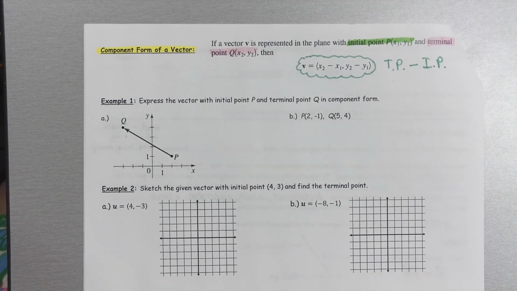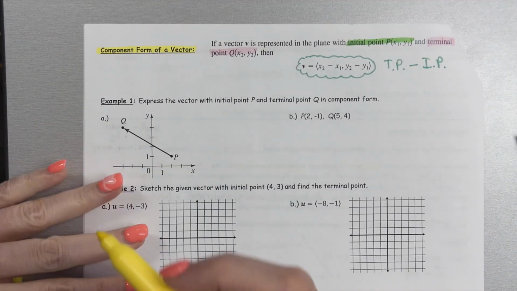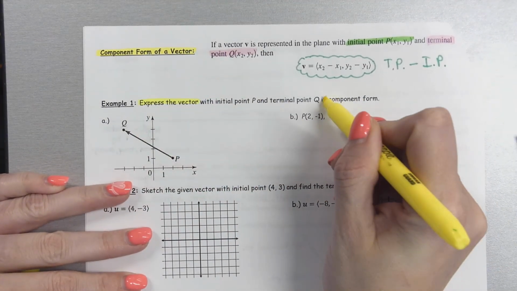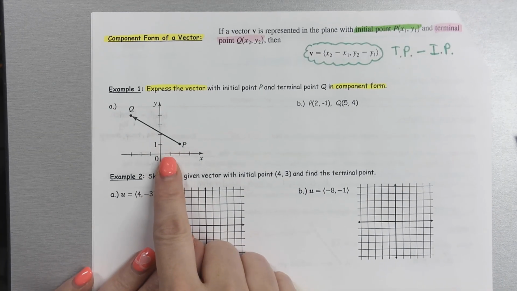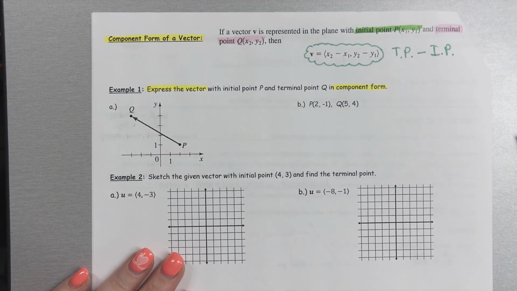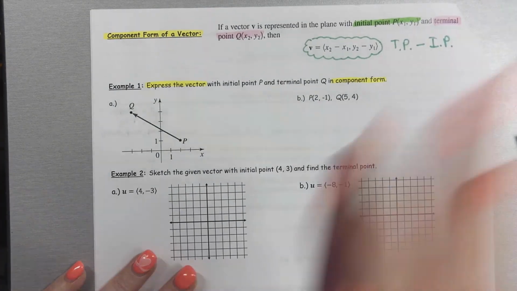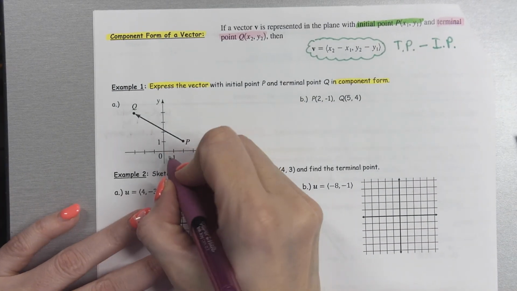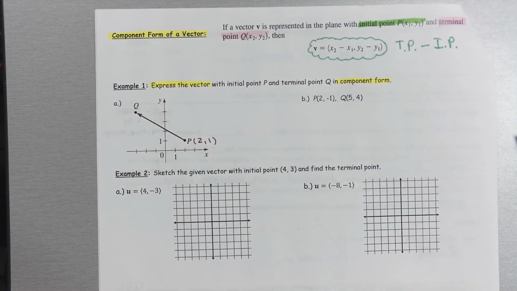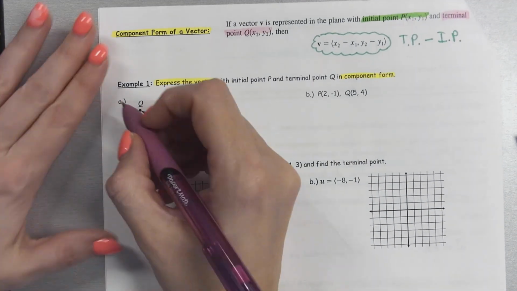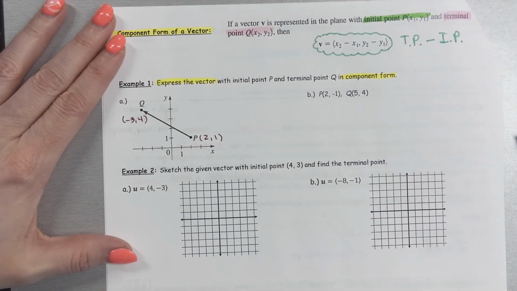In example 1, you have to express the vector in component form. Sometimes it's going to be given to you on a plane, and there are a couple of different ways you can do this. You can find the 2 points. Point P is at 2, 1. Q is at -3, 4.